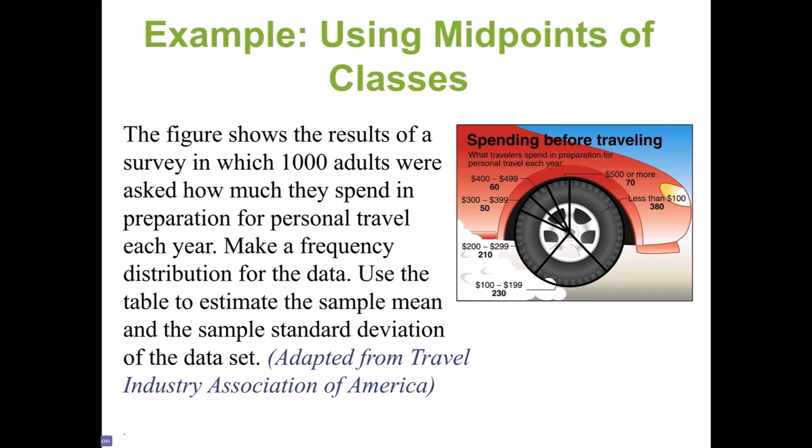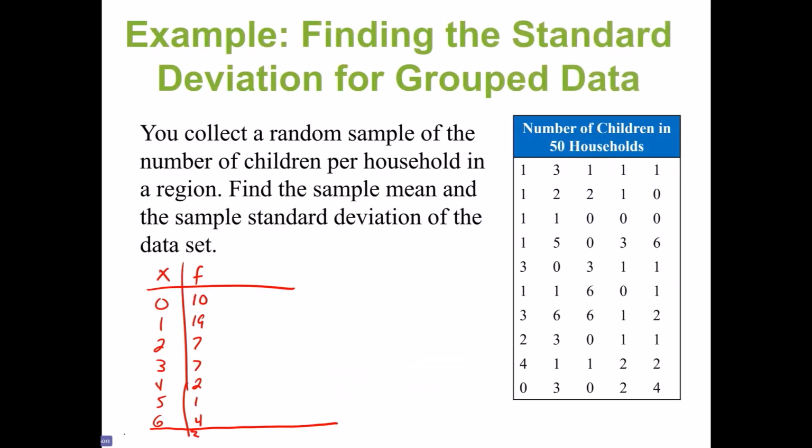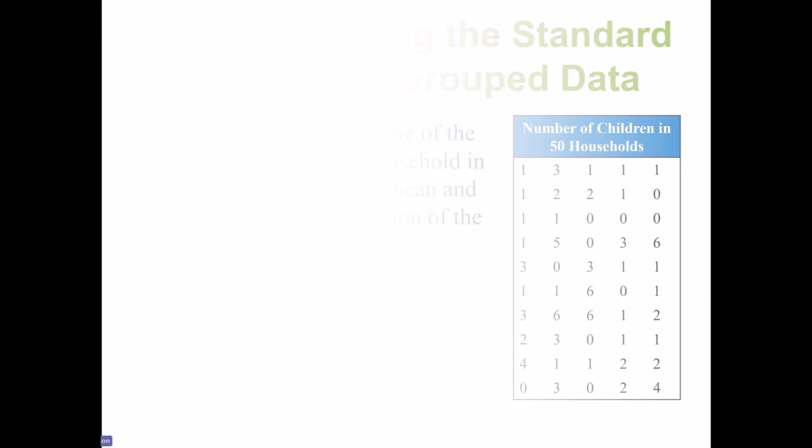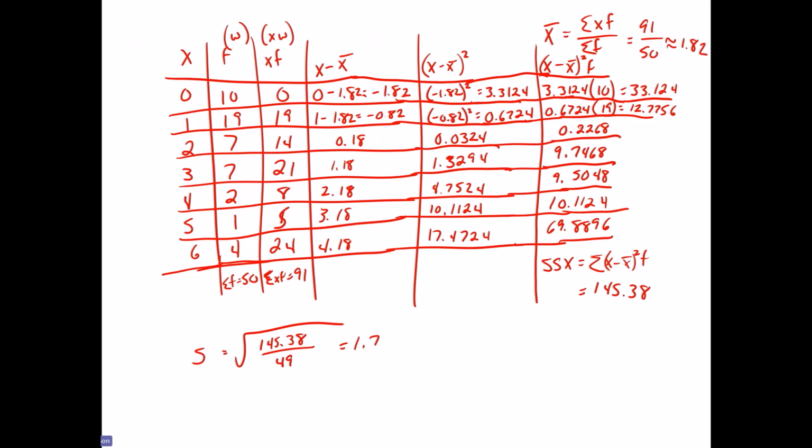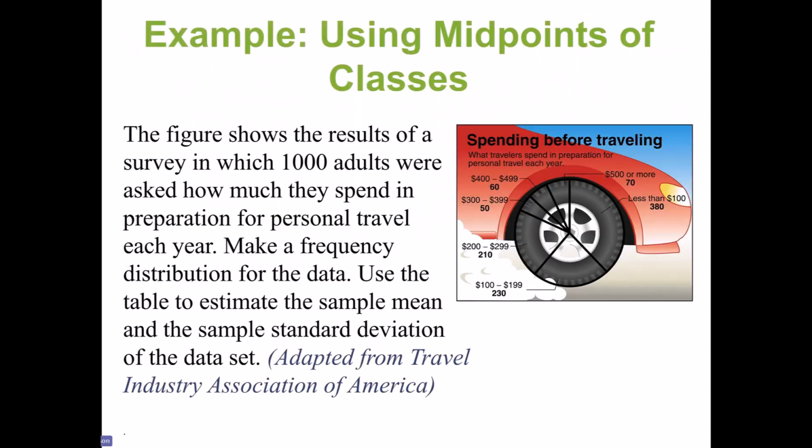All right, so let's say we have to estimate. In this case, this one gave us the exact sample mean and standard deviation, because we just used the raw data values themselves. We didn't use midpoints. But if we have a frequency distribution where we need to use midpoints, something like this, I've got a figure here that gives us a survey where 1,000 adults were asked how much they spend in preparation for personal travel each year.